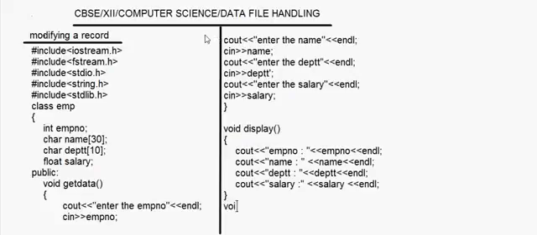And then now I'm going to declare the prototype of a function which is called modify. Void modify, and then I close the class. We'll be defining this modify function.